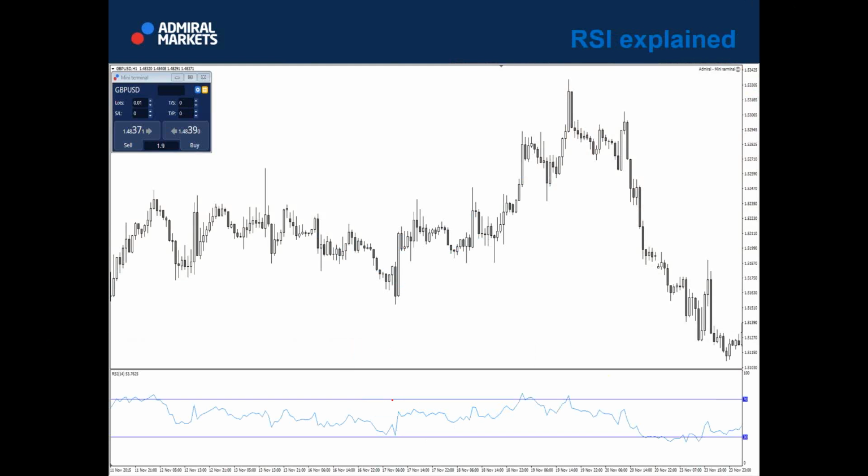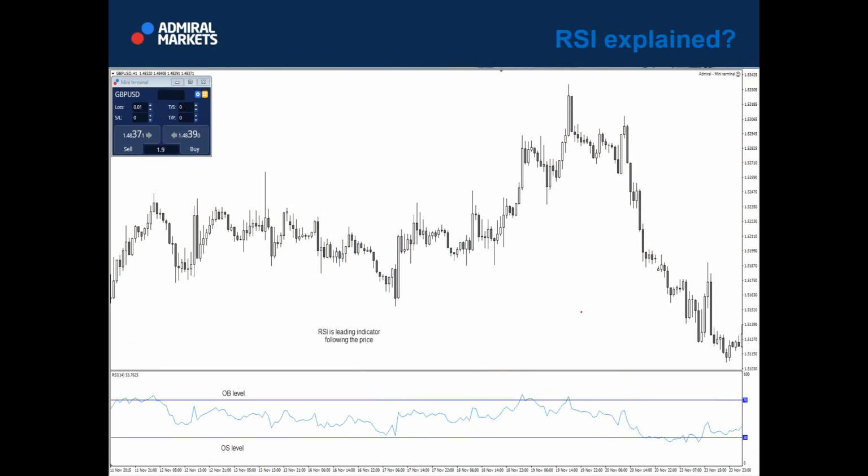So RSI is actually an oscillator, okay? RSI 14, 70, 30, you will usually find these settings, okay? And it's just to show you overbought or oversold conditions.